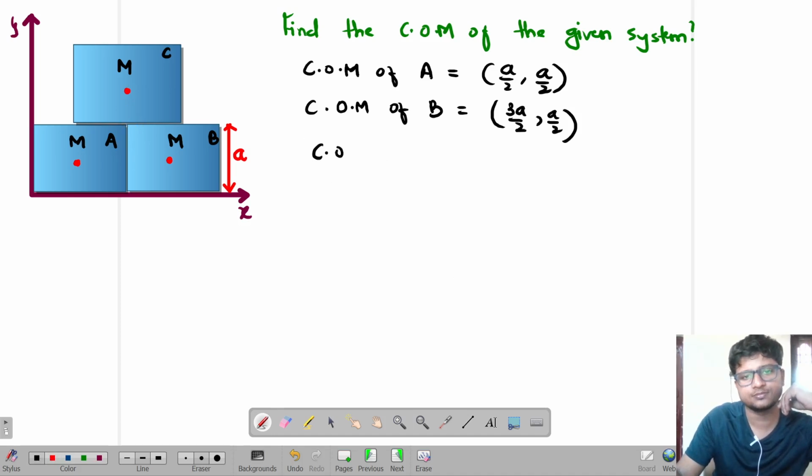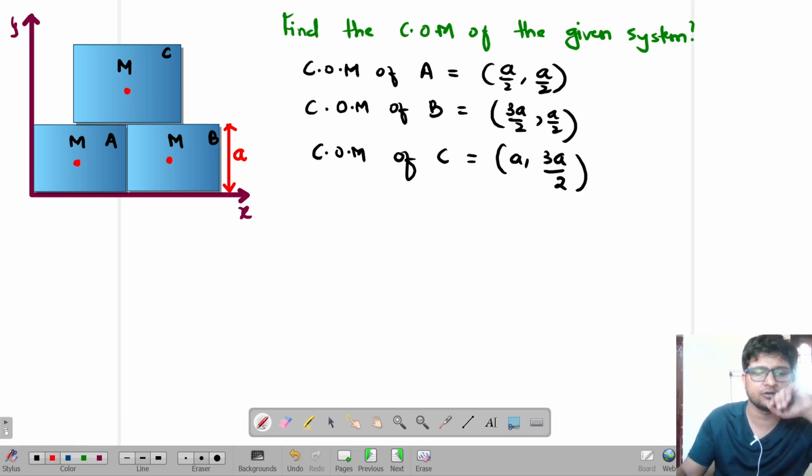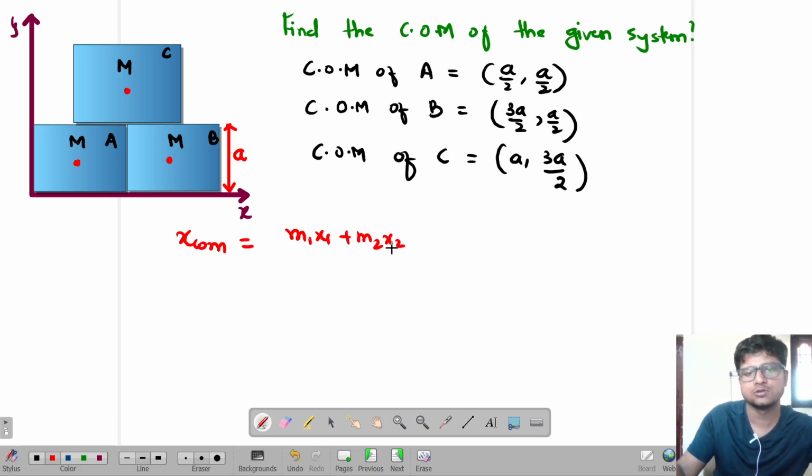So COM of C is A by 2, comma 3A by 2. So you can apply the X center of mass and Y center of mass equation: M1 X1 plus M2 X2 plus M3 X3 divided by M1 plus M2 plus M3.